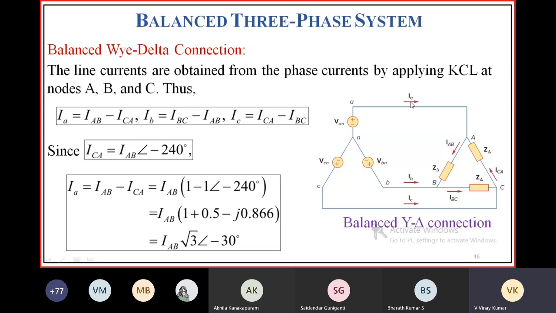In a delta connected system, what is the relationship between line current and phase current? You know that in terms of magnitude, line current is equal to root 3 times phase current. Next one is what?